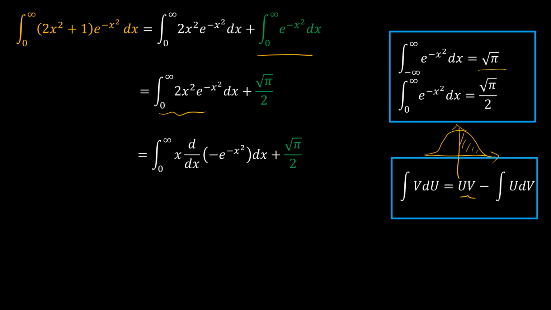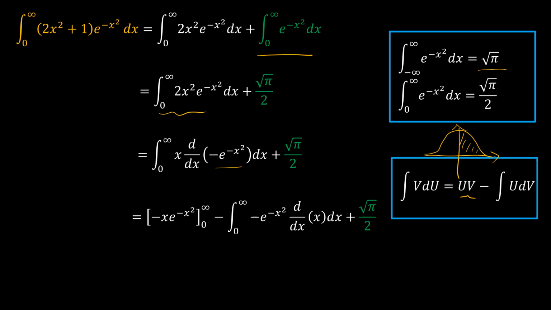So we can take, in this instance, u to be negative e to the power negative x squared, such that uv in that instance is negative x times e to the power negative x squared, and then the next integral becomes minus the integral of negative e to the power negative x squared times the derivative of x, where v was x.